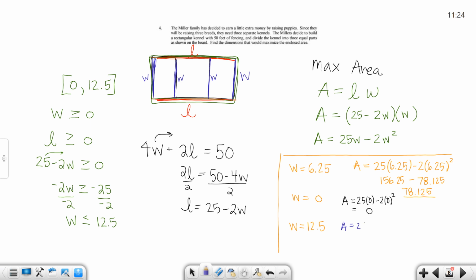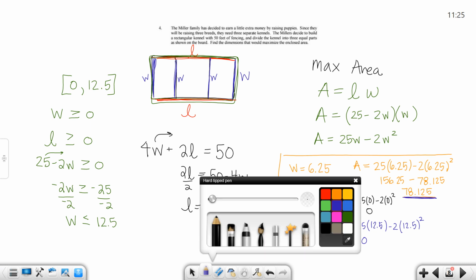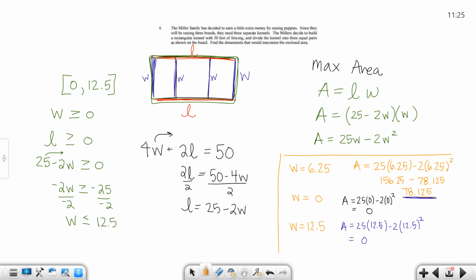So area would equal 25 times 12.5 minus 2 times 12.5 squared. Now, if you put all that in, you're going to get that the area is 0. So remember, we're looking for maximum area. So your maximum area would be that 78.125, and that 78.125 occurred when the width was 6.25.